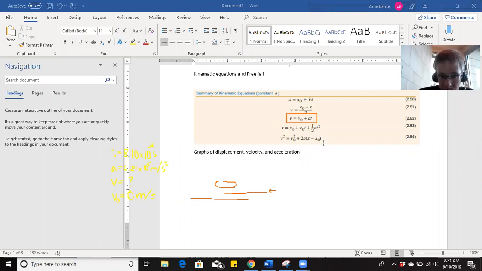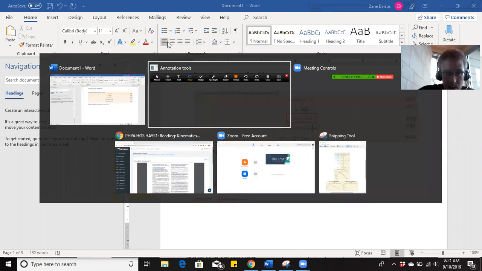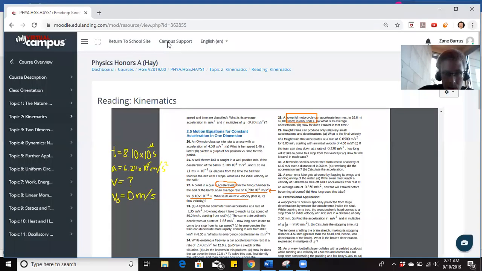So we can just plug in what V naught is, what A is, and what T is. I'm going to bring that equation over to our workspace. Remember, our equation from that chart was V is equal to V naught plus AT.